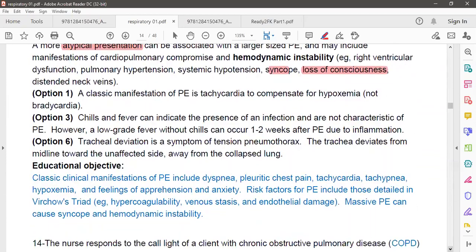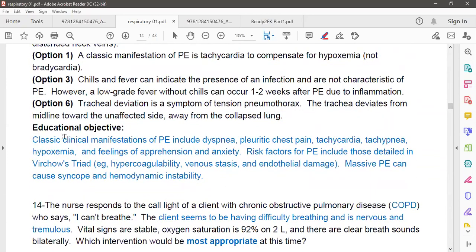What are the education objectives? The classic clinical presentation of pulmonary embolism includes dyspnea, pleuritic chest pain, tachycardia, tachypnea, hypoxemia, and a feeling of apprehension and anxiety. Super important for the NCLEX board.